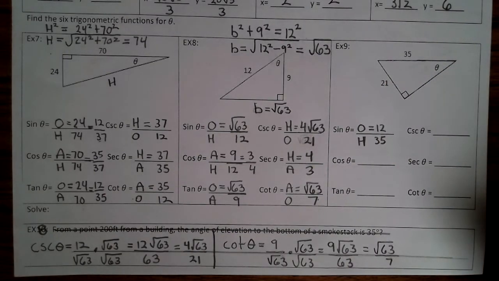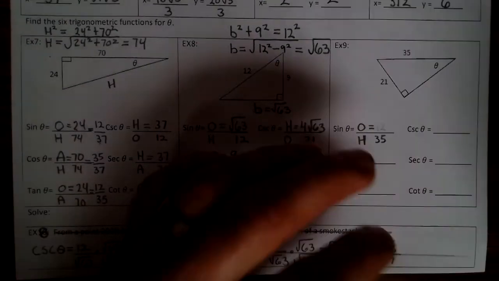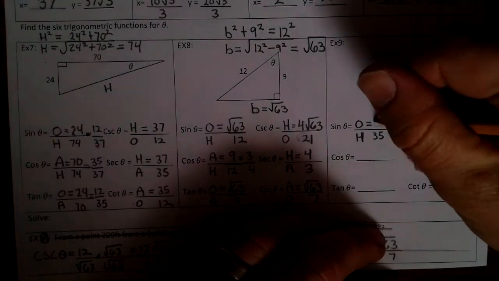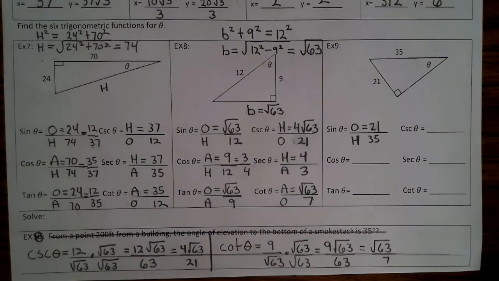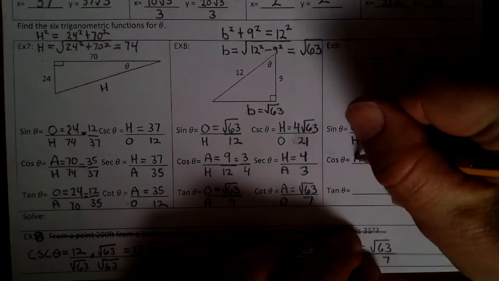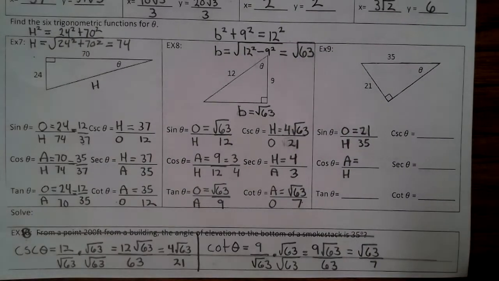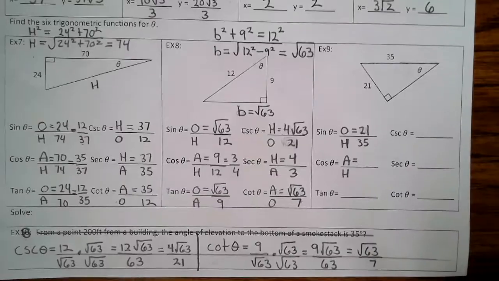Okay. Now, cosine is adjacent over hypotenuse. It got dark again somehow, I don't know. We don't know adjacent, so we're going to use, let's just call this b. So 21 squared plus b squared equals 35 squared.